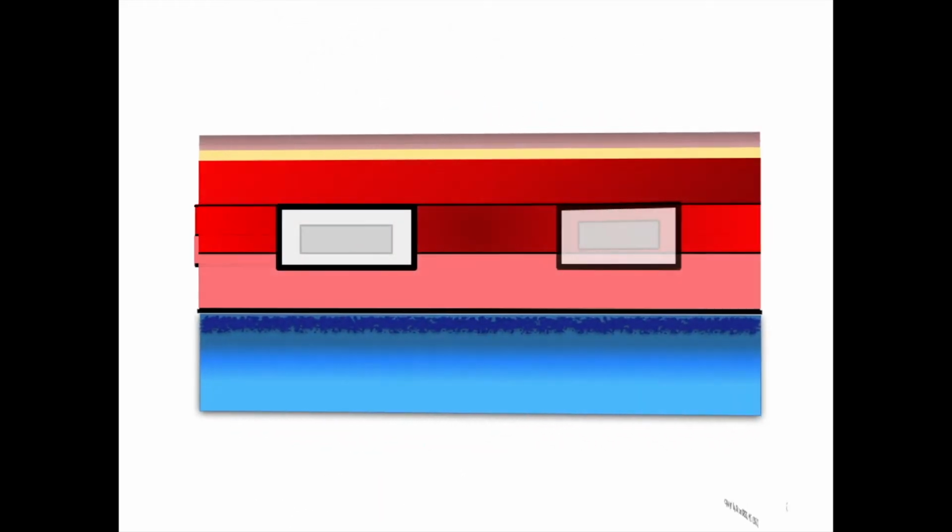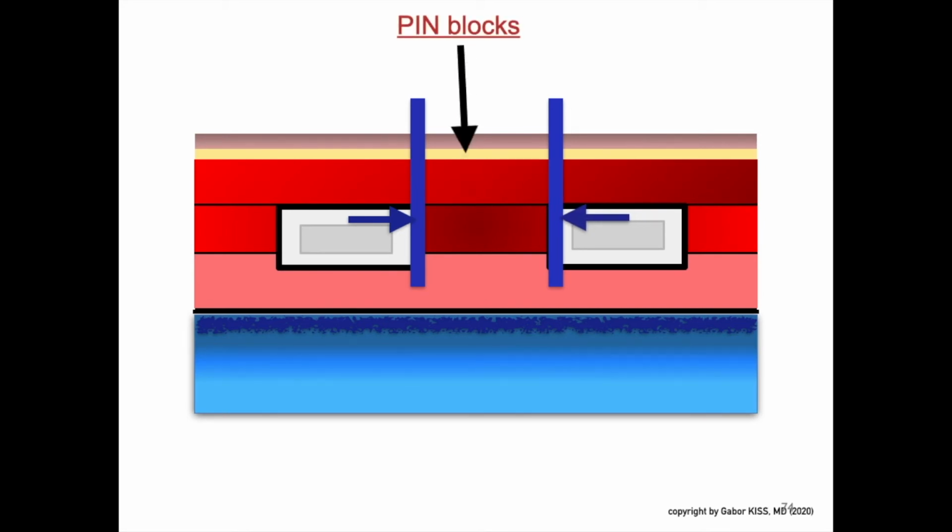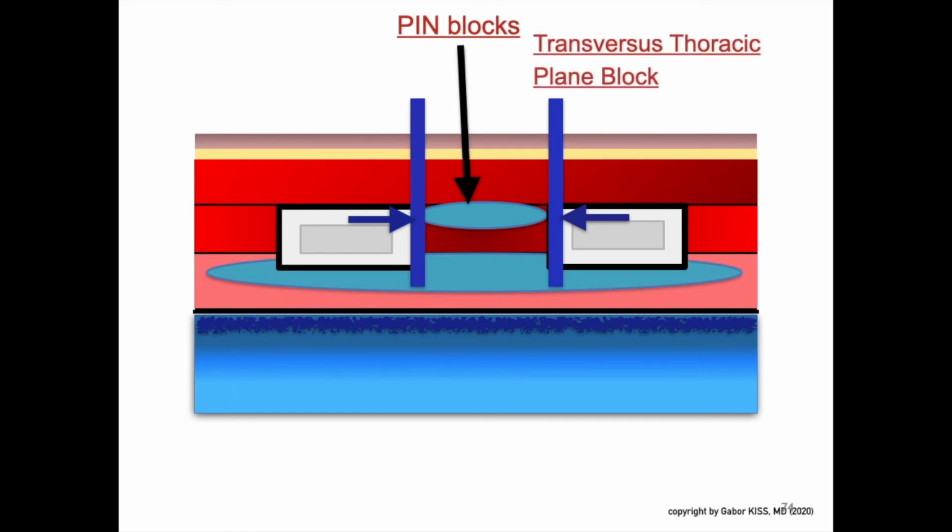In case of a PIN block, local anesthetic spread will most likely be limited to the confined space between the two ribs, while in a transversus thoracic plane block, the spread of local anesthetic will involve several dermatomes.